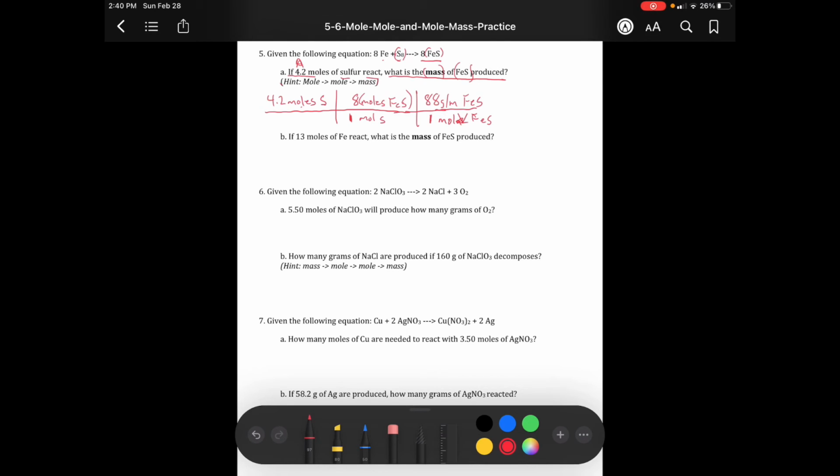That's going to give us 2,956 grams of FeS. That's a lot of grams produced, but we have 8 moles here, so that makes a lot of sense. If you wanted to, you could have rounded that to 2956.7. So that is the first one that we will do.